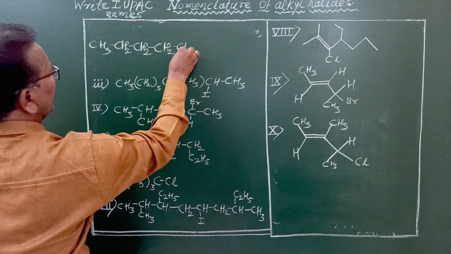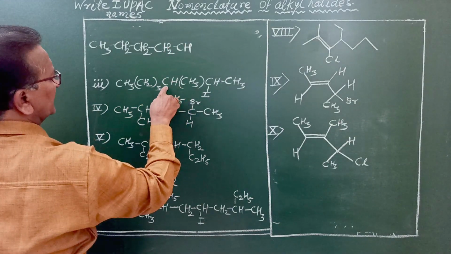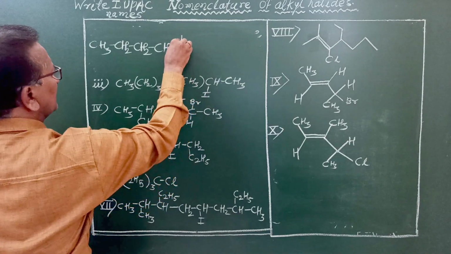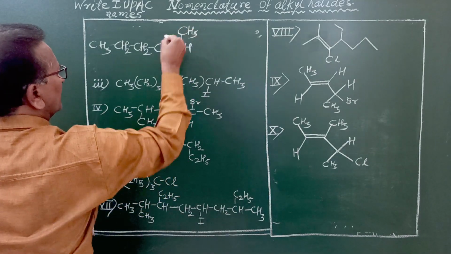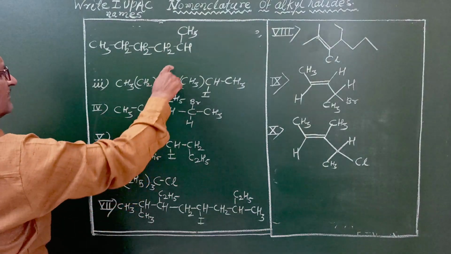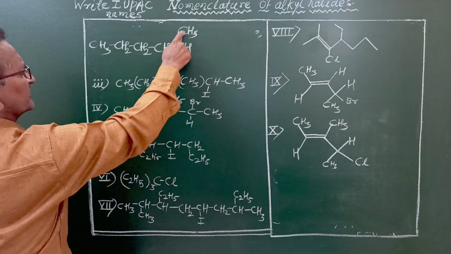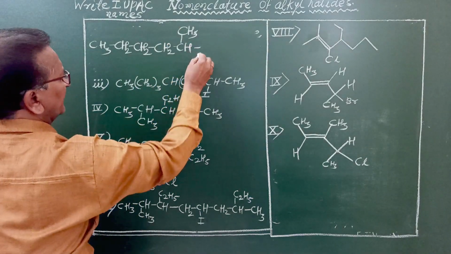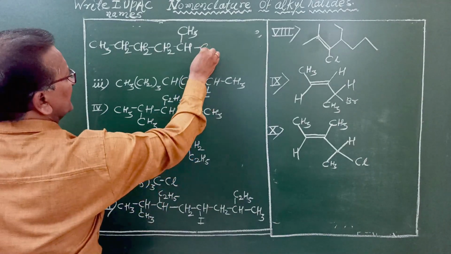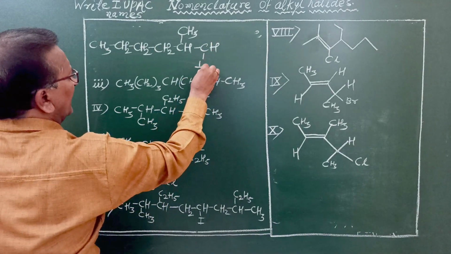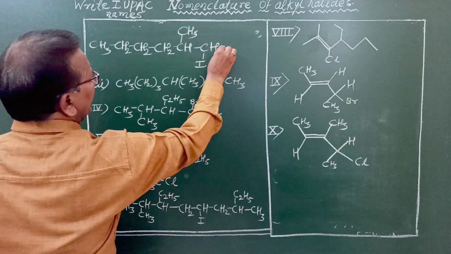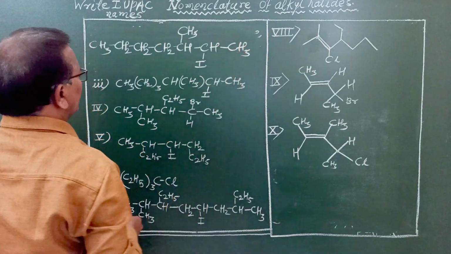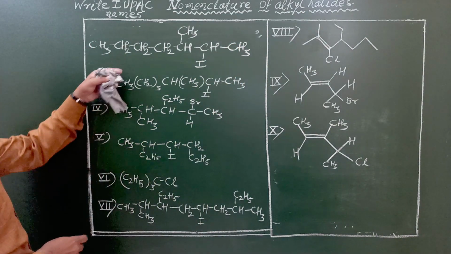Then bond CH. To this CH, we have to put CH3 in branch. Next, this CH, to which the iodine atom is bonded. And the next one is CH3. Therefore, compound number 3 can be expanded like this.